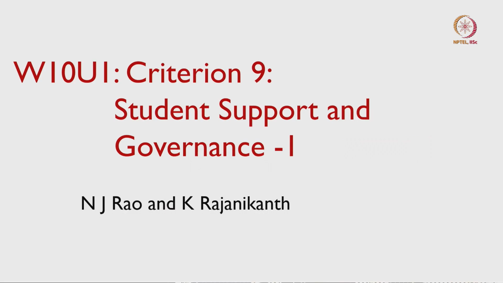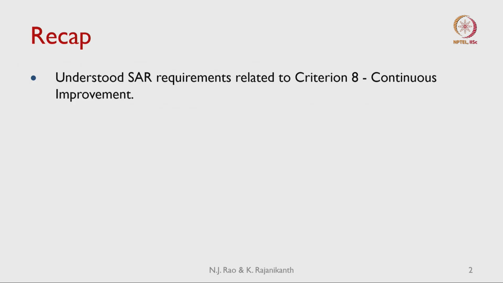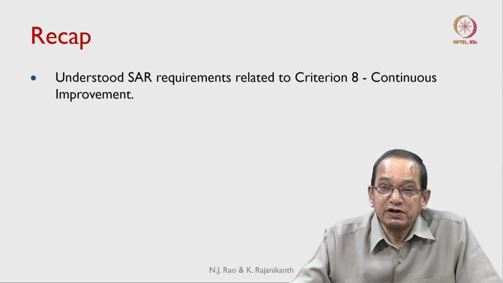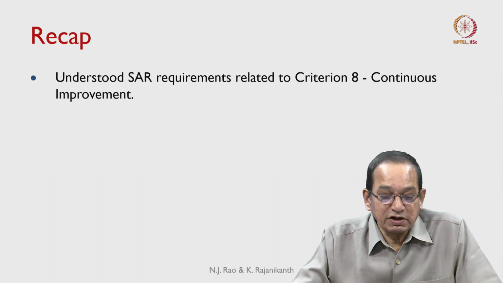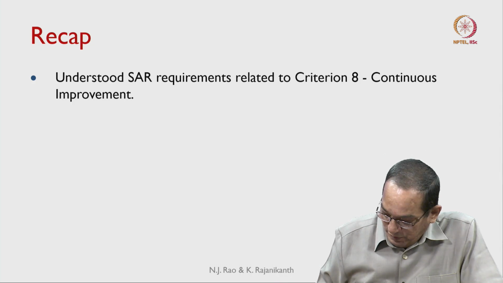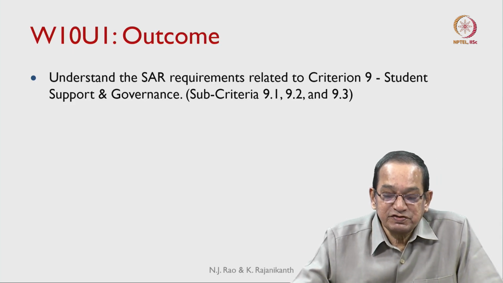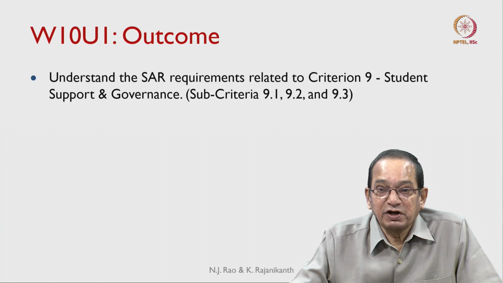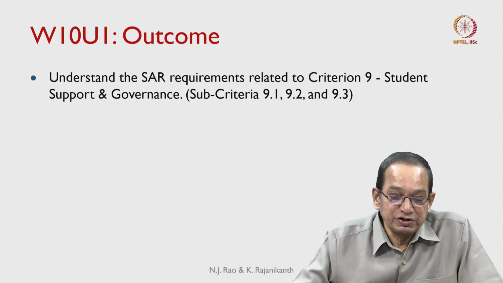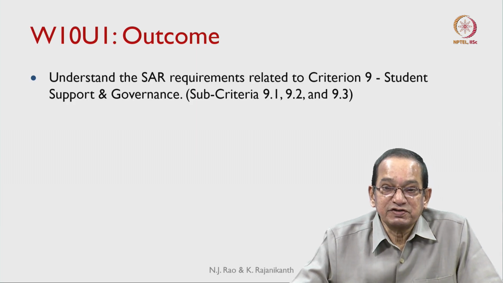W10U1 Criterion 9 Student Support and Governance. In the earlier unit, we understood the SCR requirements related to Criterion 8 Continuous Improvement. Now, we will move to the SCR requirements related to Criterion 9 Student Support and Governance.